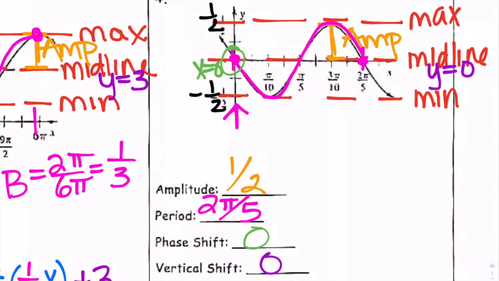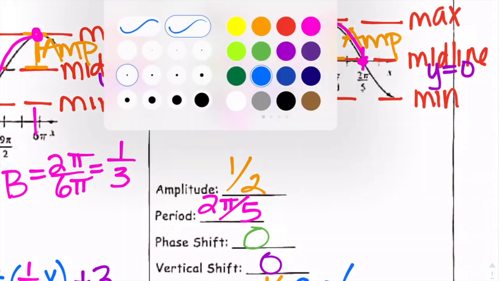Now we write our function, so y equals, we hit a minimum here before we hit a maximum, so we're actually going to have a negative a value, so it's going to be negative 1/2. This creates an s, or starts at the midline, so it's sine, and then of, we don't have a phase, we need to find our b value.